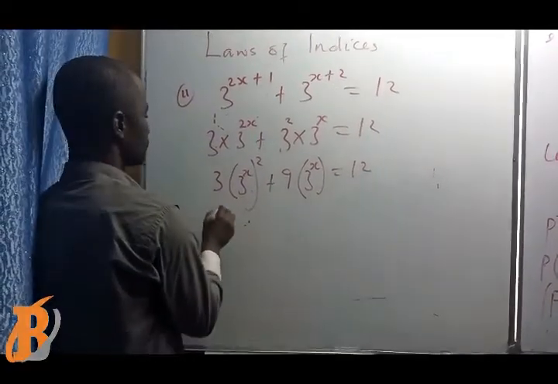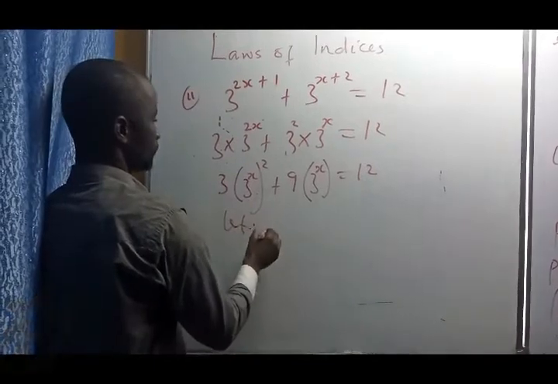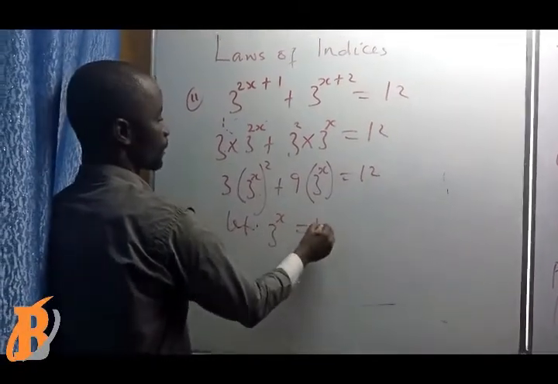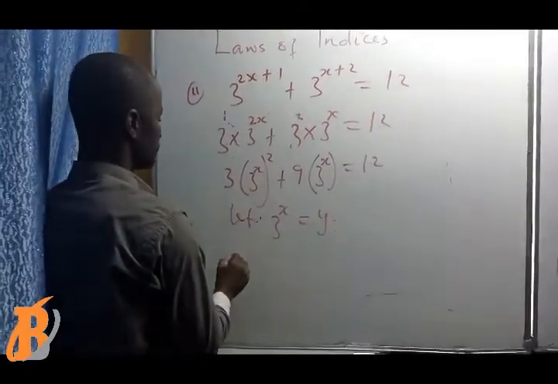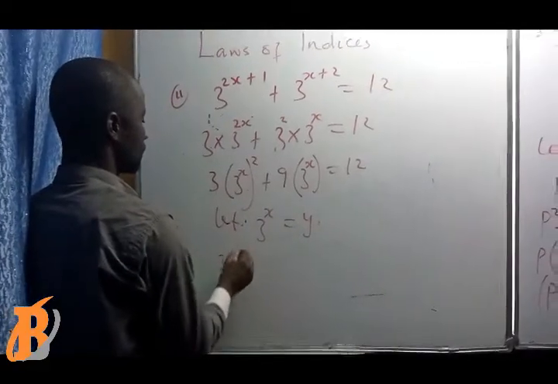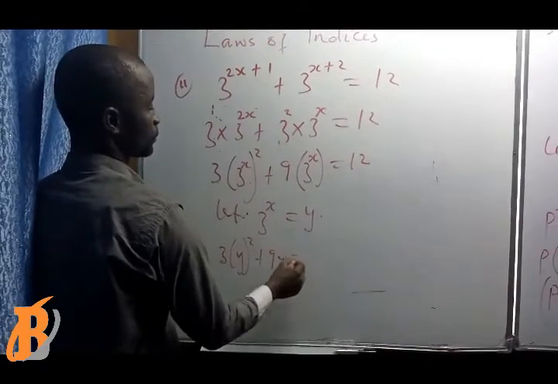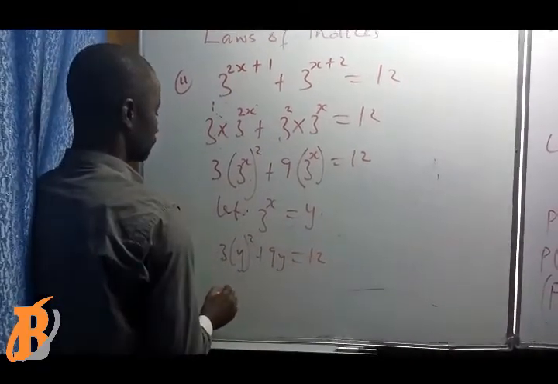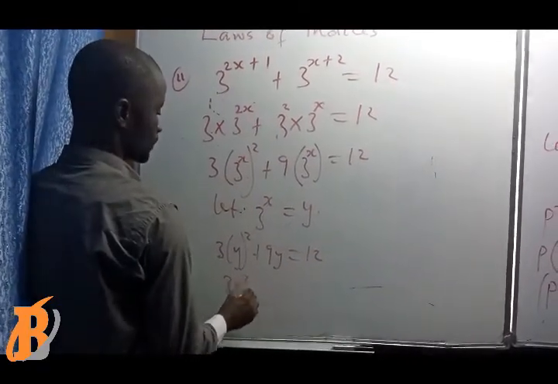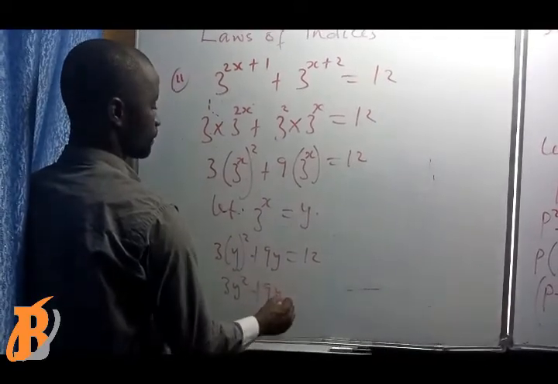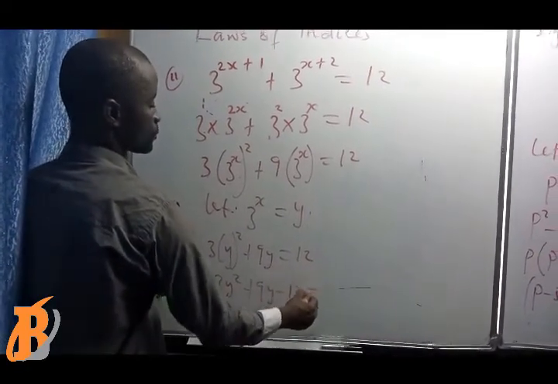Now let 3 raised to power x is equal to y. That's 3 into y squared plus 9y is equal to 12. That's 3y squared plus 9y minus 12 is equal to 0.